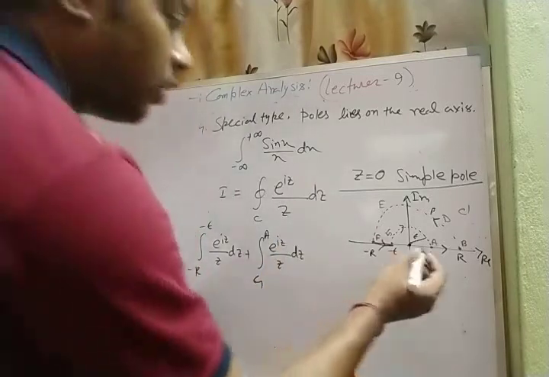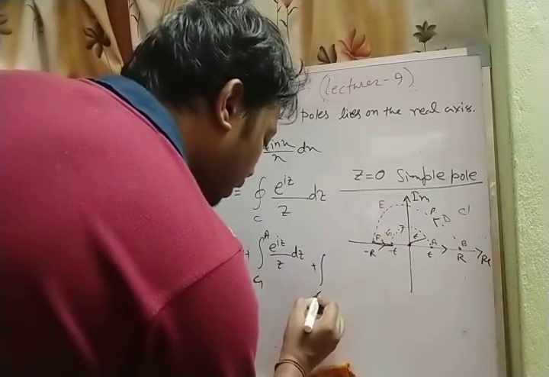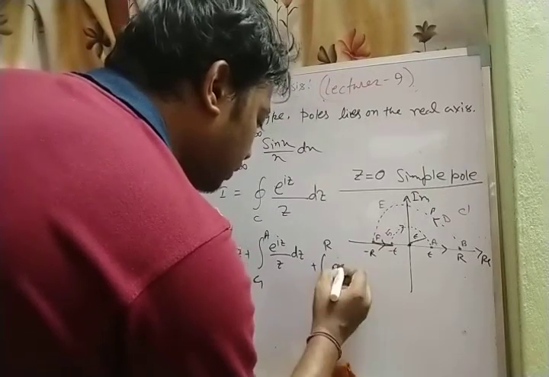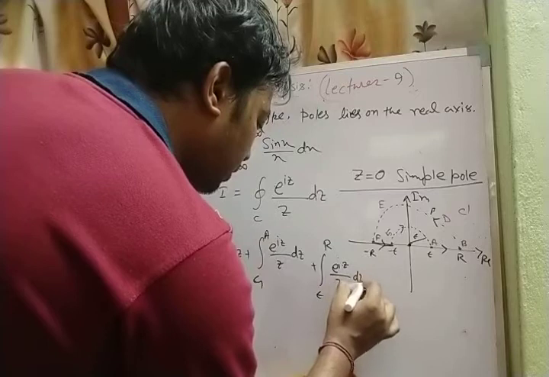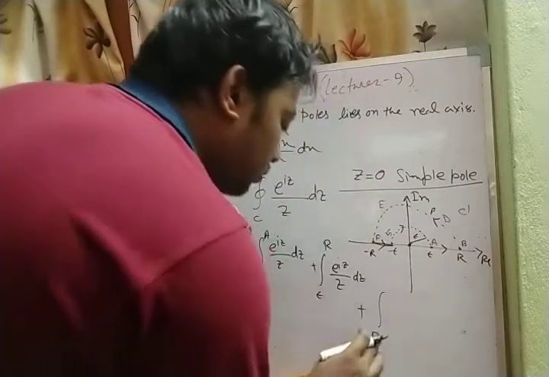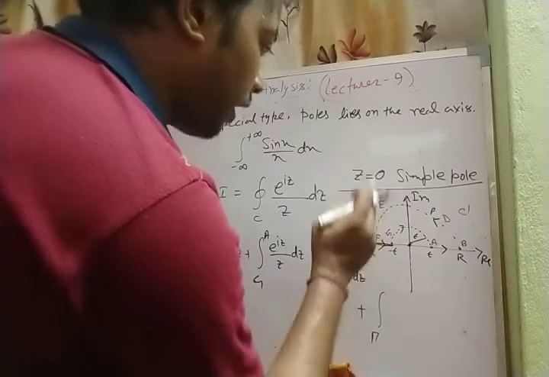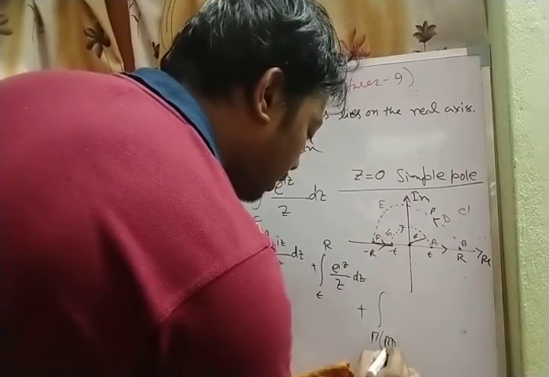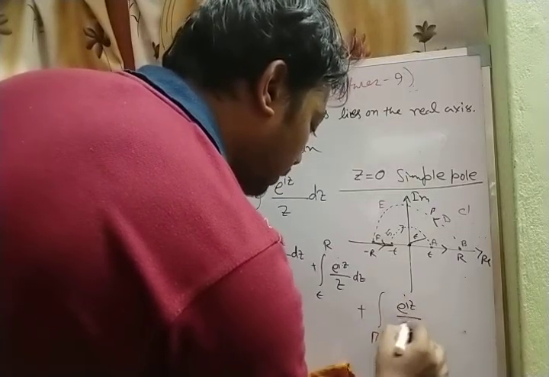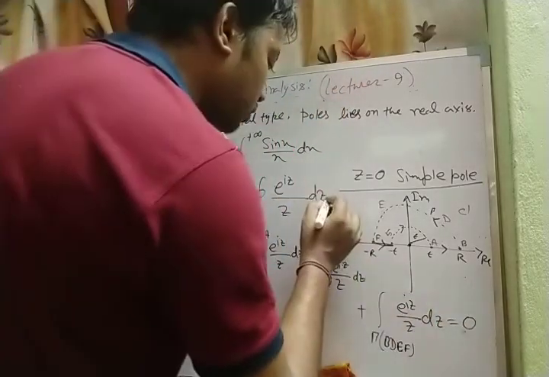Now from point A to B, plus the integration from epsilon to r of e to the power iz by z dz, and the last one is the contour gamma, or you can say B D E F, e to the power iz by z dz, is equal to 0.